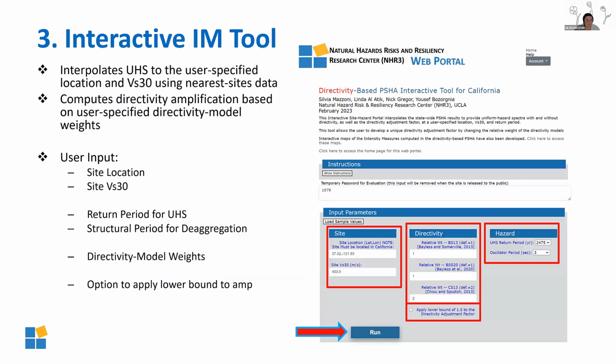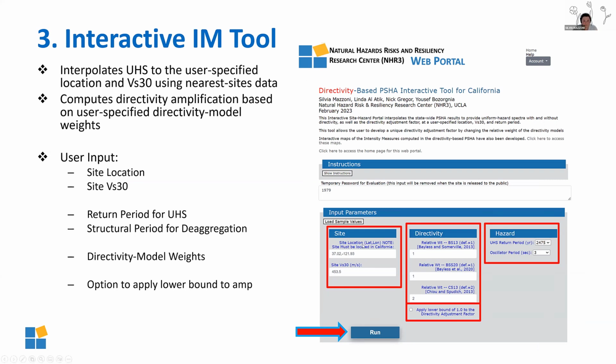The next step, the main goal of the project, was to develop this interactive tool. This is very similar to what we did for the NGA subduction. It's the same type of website, so it's very intuitive. What the tool does is interpolate the UHS to your user-specified location and VS30, and it computes the directivity amplification factors based on your own selection of factors.